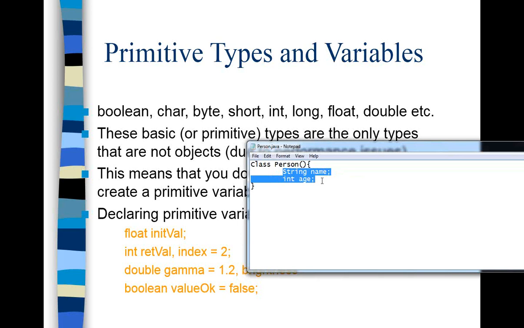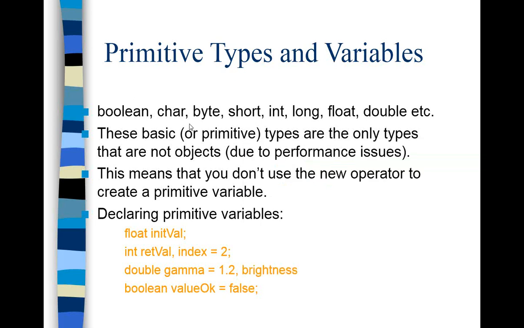Now these data types that I was talking about, there are many such data types, and we call them primitive types. If you see here, boolean, char, byte, short, int, long, float, double, these are the different kinds of primitive data types present in Java. These basic or primitive data types are the only types that are not objects, due to performance issues.